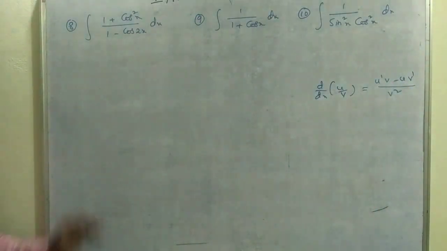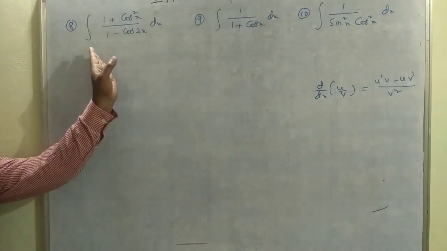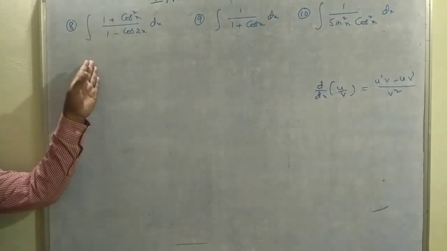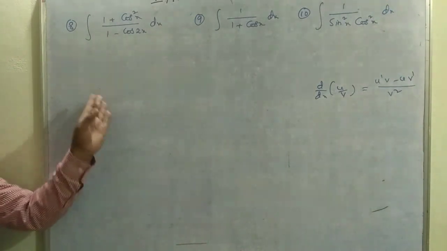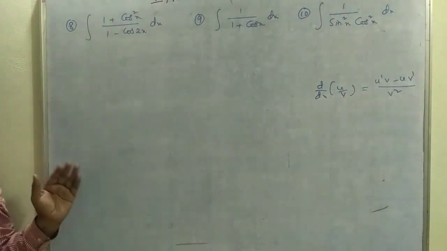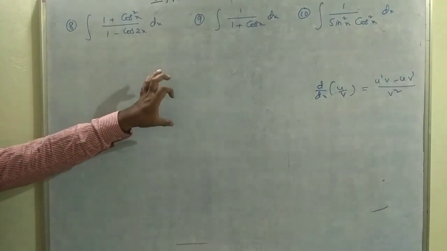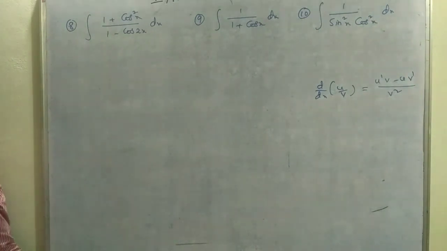But in integration, we don't have a formula for u by v and uv. The uv form we can learn further as the by-parts rule. U by v is not solvable directly. We can simplify, get separate functions, and then integrate.